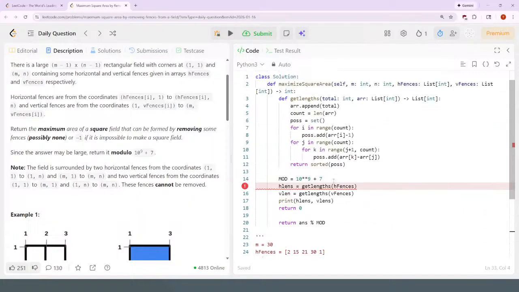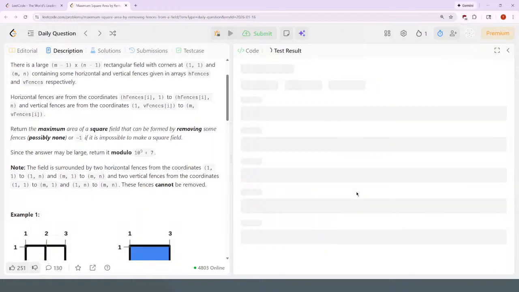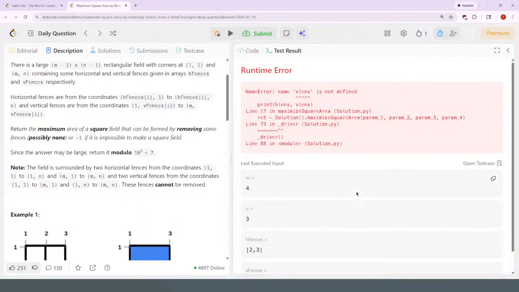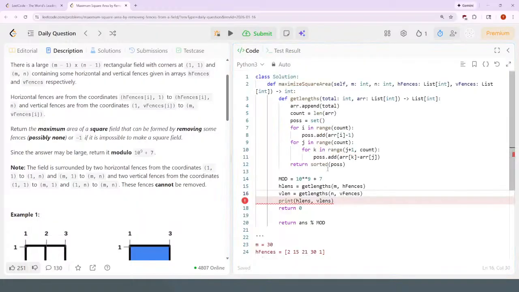Oh, whoops. This should be m, this should be n. V length is not defined. Excellent, excellent. V lengths.